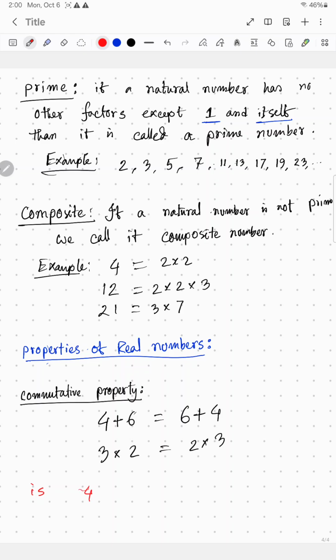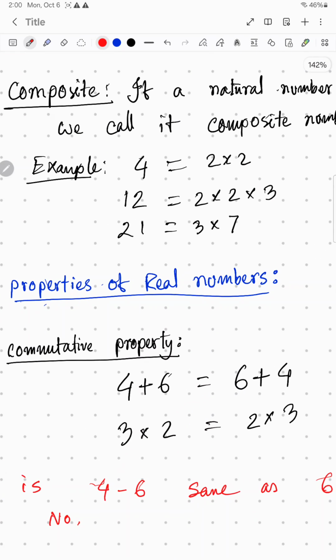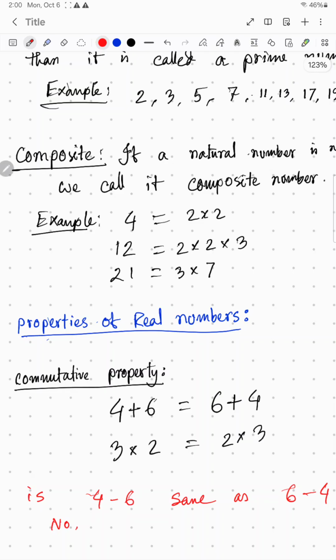For example, if I ask you, is 4 minus 6 same as 6 minus 4? Is it? The answer is no. It's not. Okay, because 4 minus 6, what do you get?